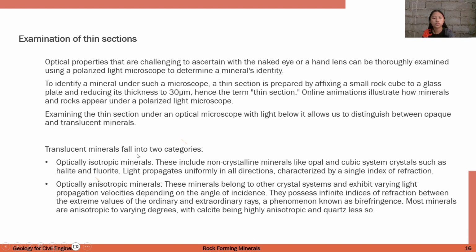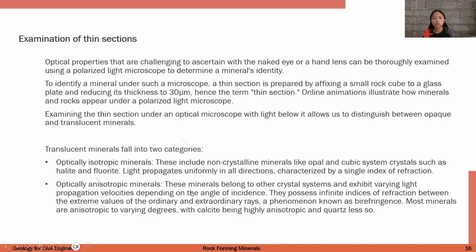So, translucent minerals fall into two categories. Optically isotropic minerals. These include non-crystalline minerals like opal and cubic system crystals such as halite and fluorite. Light propagates uniformly in all directions, characterized by a single index of refraction. Second category, optically anisotropic minerals.